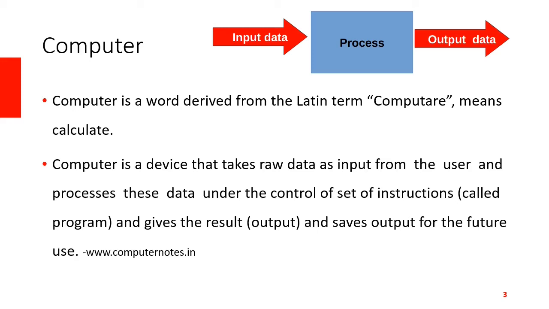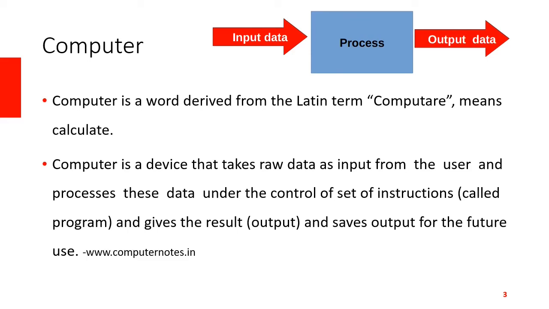So in a computer what you do is calculations. In any electronic system or computing system, we have input, then we do some processing and we send the output. The same with a computing system: you have input data, you process it and you send data out of the system.